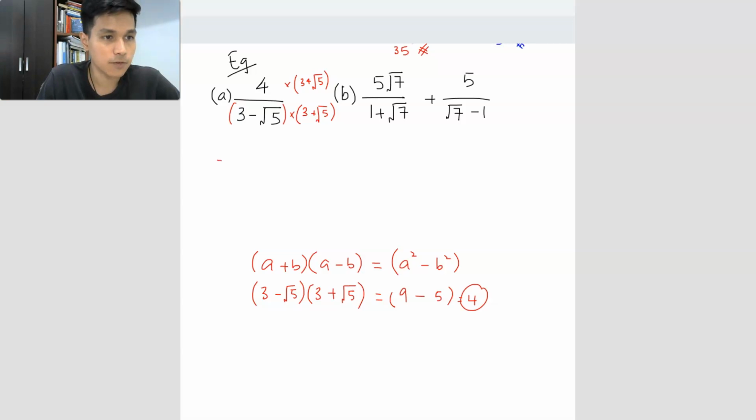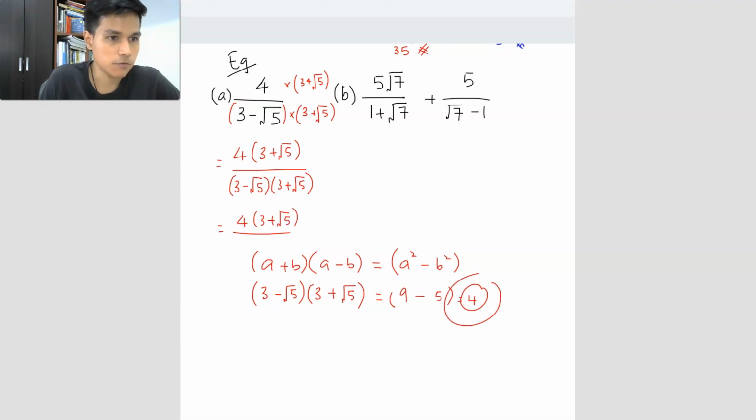So in this case, what you have is 4, 3 plus surd 5, and then the bottom here you have 3 minus surd 5 and 3 plus surd 5. So you got this. So now you can expand. So you get 12 plus 4 surd 5, and you know what? I'm not going to do that. I'm just going to leave it like this, 4. The bottom we have already calculated, the bottom is 4.